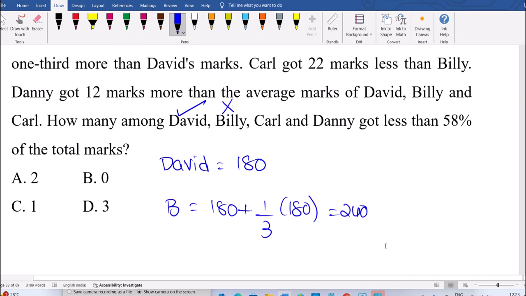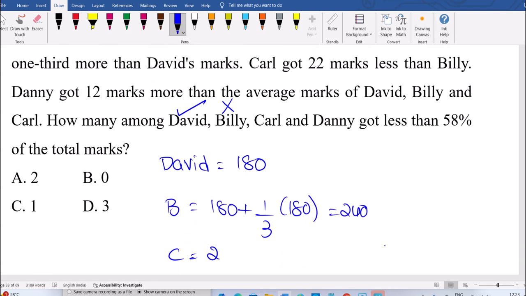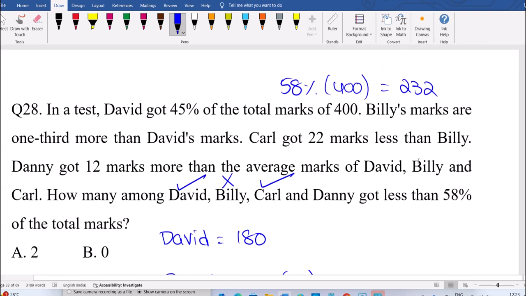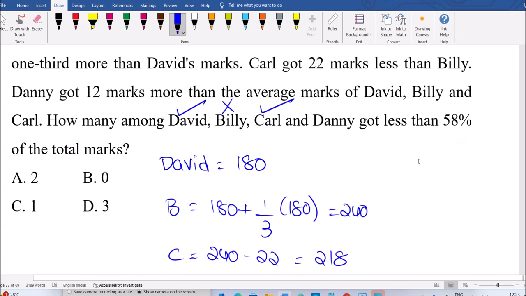So Billy, no. Then Carl got 22 less than that, which is 218. So Carl also comes into our criteria. Carl is less than 232. So fine. The only thing we need to decide is Danny. How do we get Danny's marks? 12 more than the average of these three people.